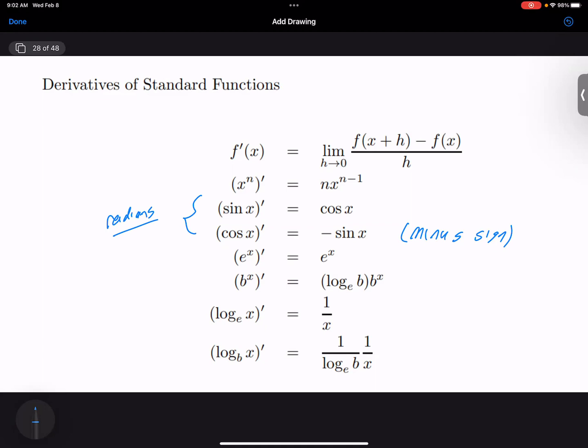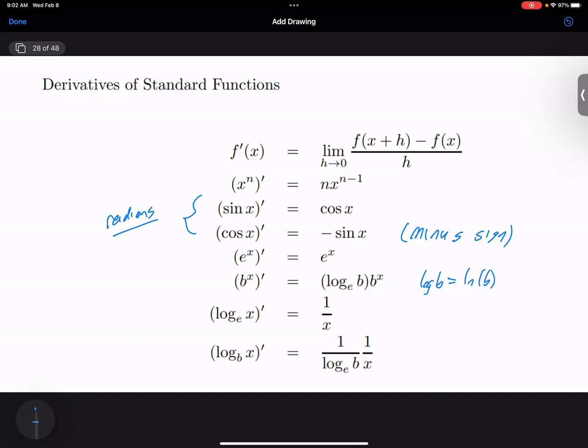If I give you b to the x, there's this extra natural log. And in college, we write log b to mean the natural log of b. We don't really use log for the log base 10 because everything in calculus is nice to base e. You don't have to remember these extra factors.